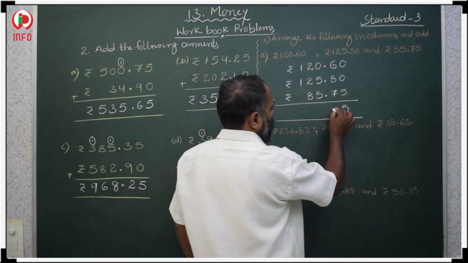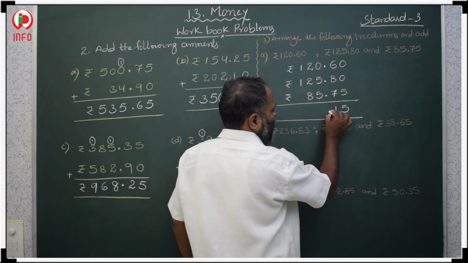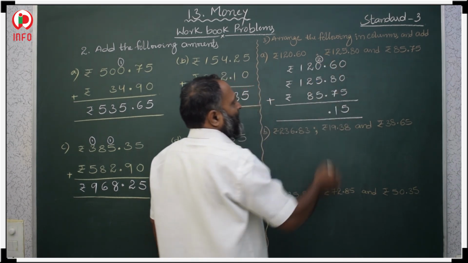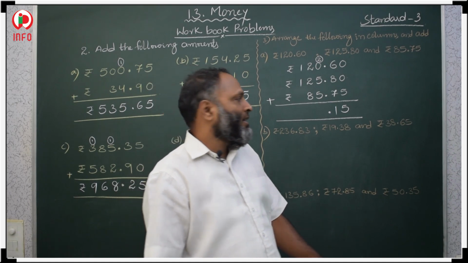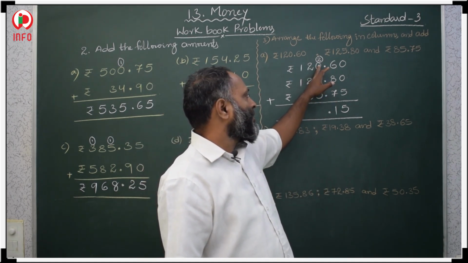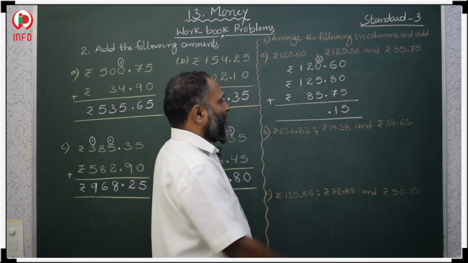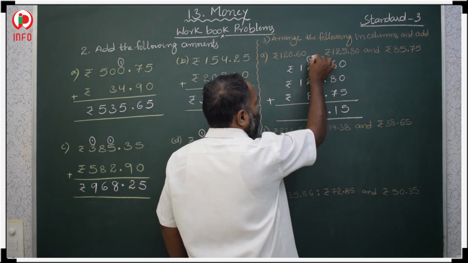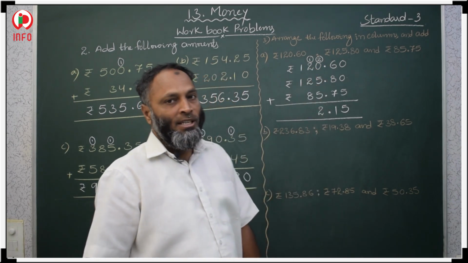So we take 1 here in the tens place of the pies and 2 we take as carry over to the next digit, that is the ones digit in rupees. 5 plus 5, 10. 10 plus 0, 10. 10 plus 2, 11, 12. 12 means 2 in the ones place and 1 we take as carry over to the next digit.